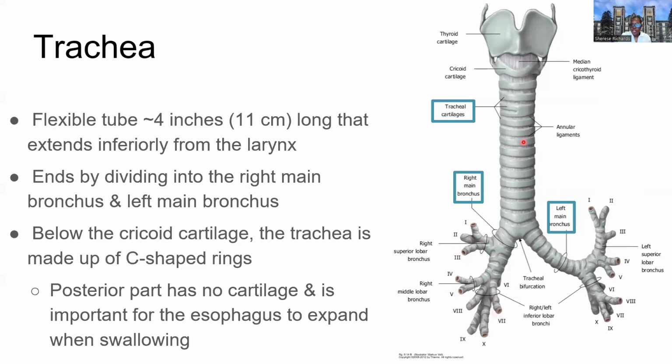It's usually about 4 inches long from the larynx down to the bronchi, and then it ends by dividing into the main or primary bronchus, and then eventually leading towards the alveoli. So there's going to be sequential branching of the bronchi to form secondary bronchi, and then tertiary bronchi, and then bronchioles, and then eventually leading towards the alveoli.